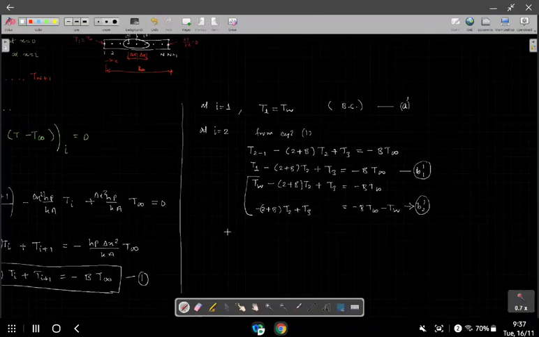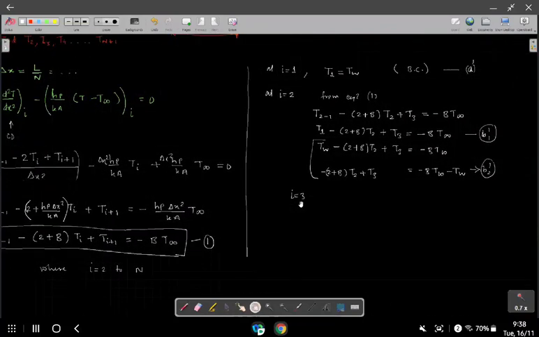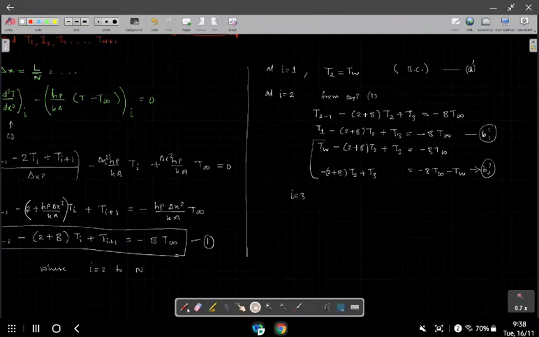At I is equal to 3, the next point, this I3 point. If you see equation number 1, where I is running from 2 to n, for I equal to 3 there is no boundary condition. So equation number 1 only is there.